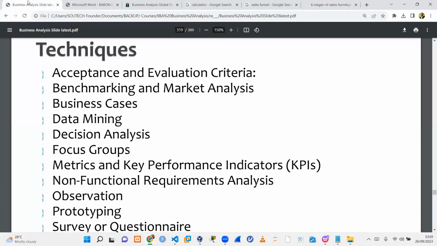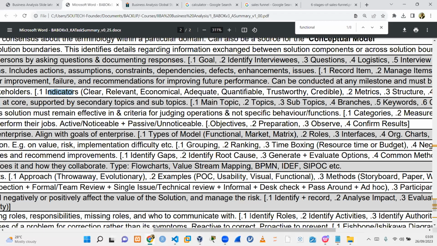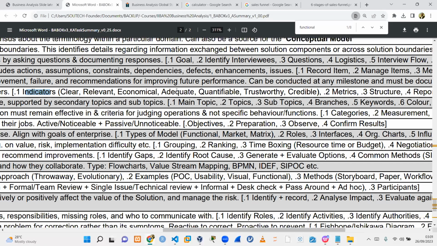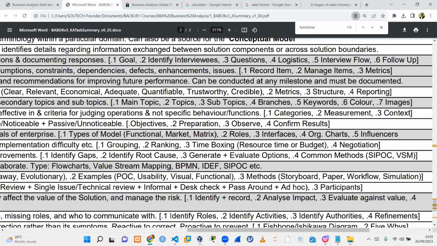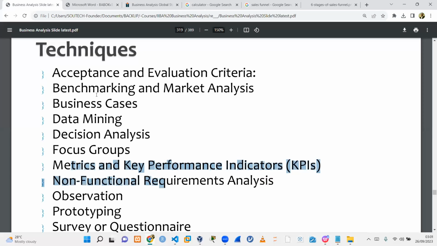So while you're trying to look at key performance index, in as much as you want to make them clear, relevant, economical, don't always look at the initial ROI you're going to be getting. Look at long term, look at brand awareness, look at trust, look at market credibility. All of those things can still count as your metrics. So you have some metrics, you have some structure, and a way to actually report this performance index.